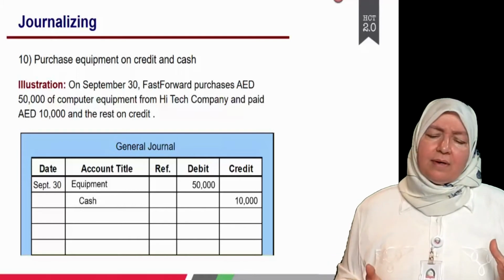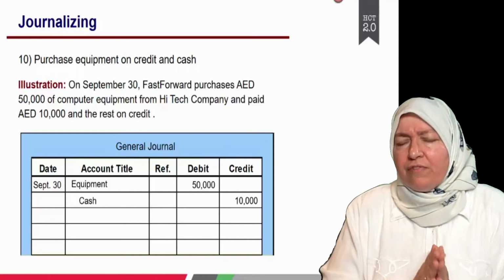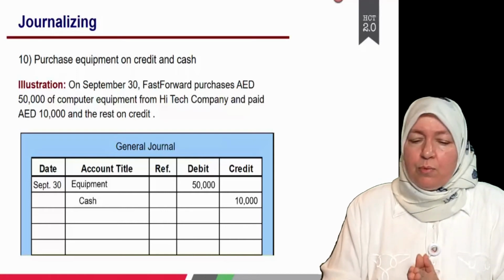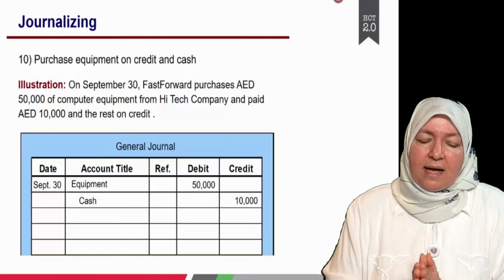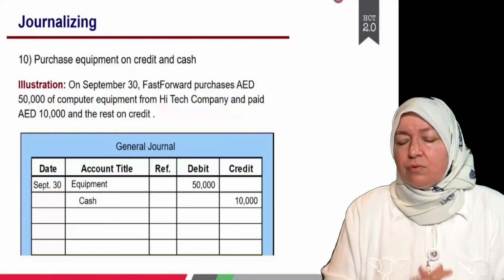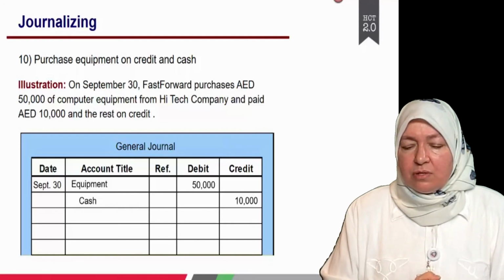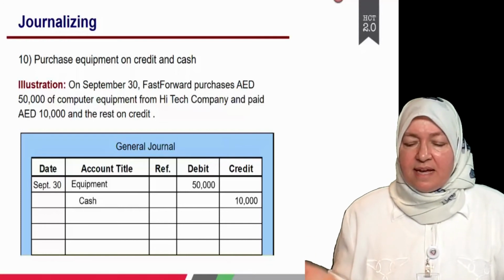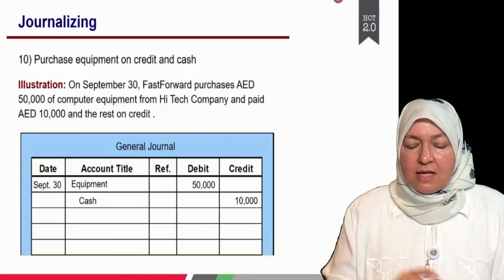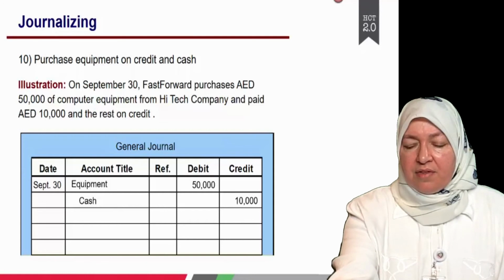And we have here more than one account. This type of entry, we call it a compound entry, when we have more than one account in either the debit or credit side. And here we have to balance the entry, and it should be the same in both the debit and credit sides, 50,000. So we have equipment 50,000, and we have to make it balance with another 40,000.